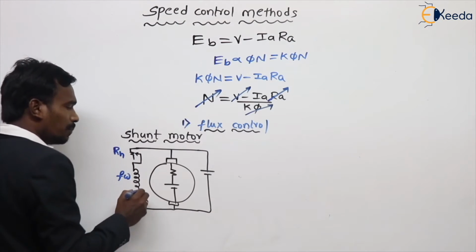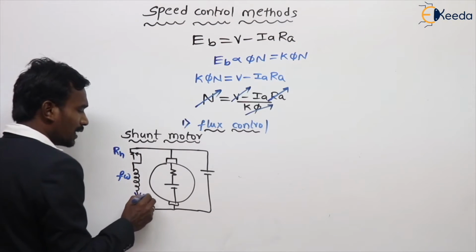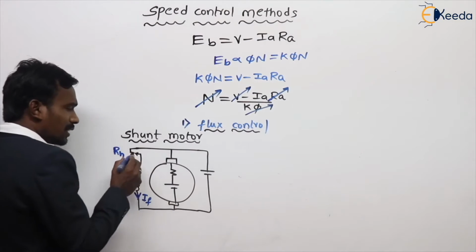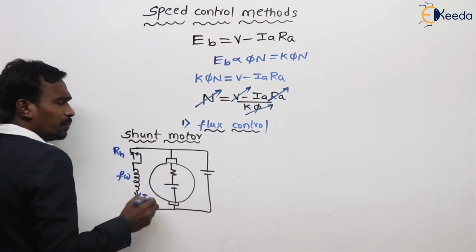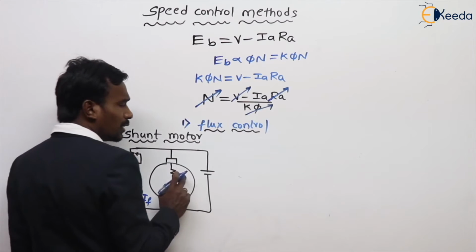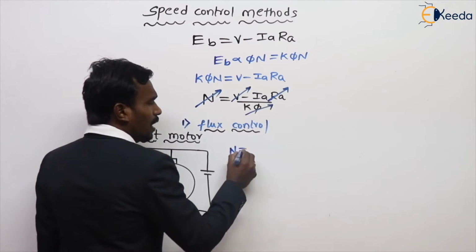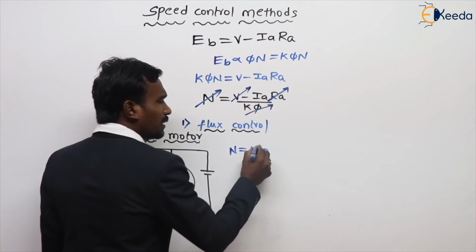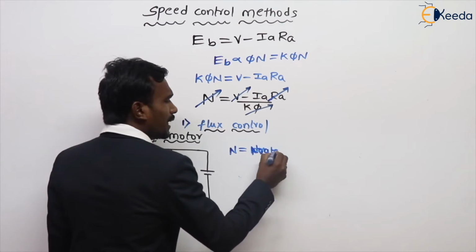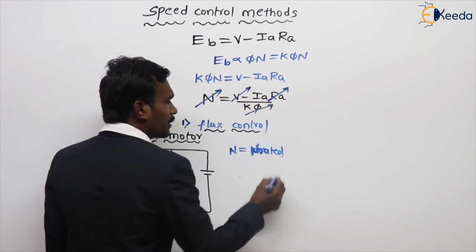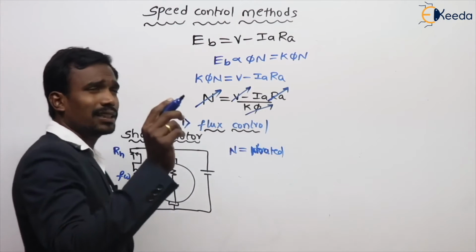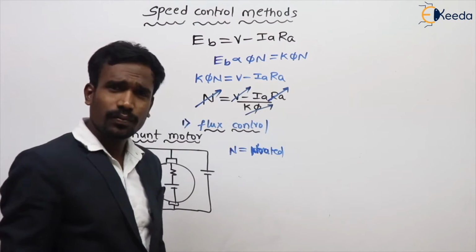When this is at minimum position, the current flowing is, for example, the field current If. Generally, take this at minimum position and control the rotor speed up to 1000 RPM, for example, rated speed, whatever it may be. Maintain the rotor speed at rated speed and place this rheostat at minimum position.